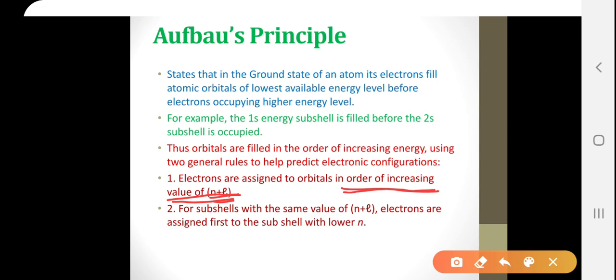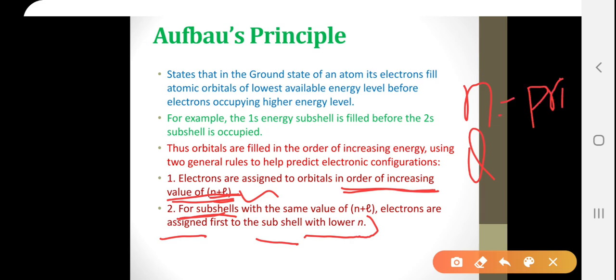The second rule is for subshells having the same n plus l value: the electrons are assigned first to the subshell with lower n. So you have to know what n and l are. n is the principal quantum number and l is the azimuthal quantum number.